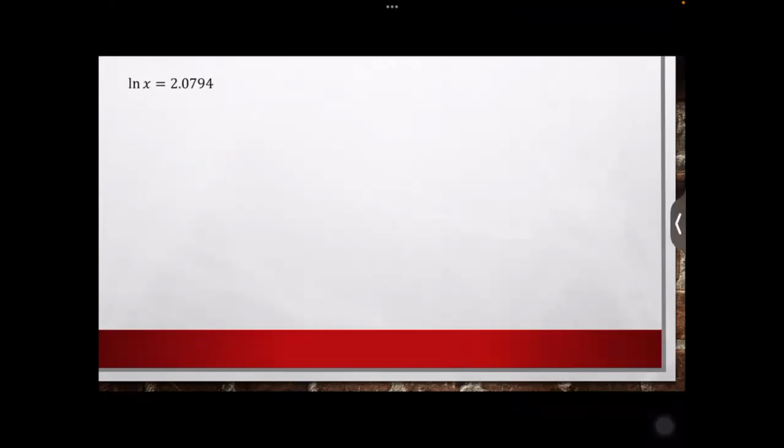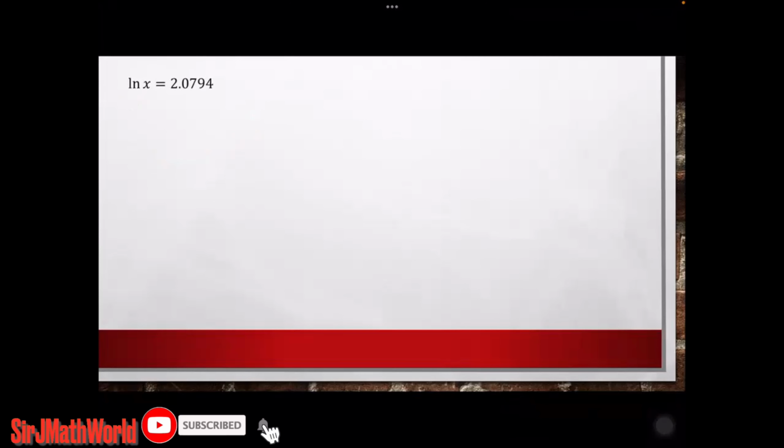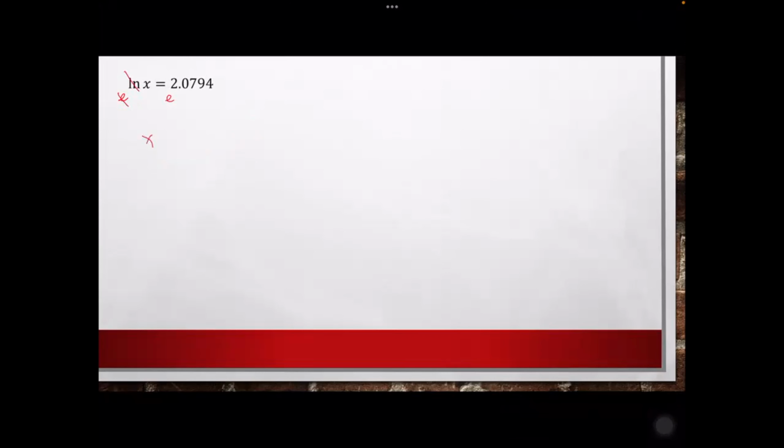Okay, next we have ln x is equal to 2.0794. Now, when it is ln, the inverse of ln is e. So, we raise both sides to e, and these cancel. We will have x is equal to e raised to 2.0794.